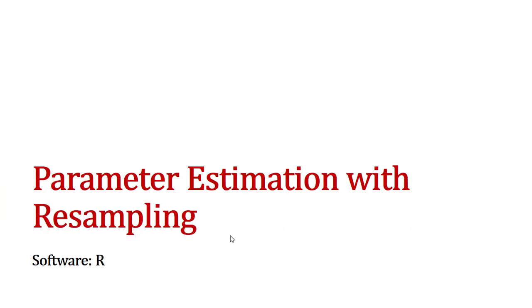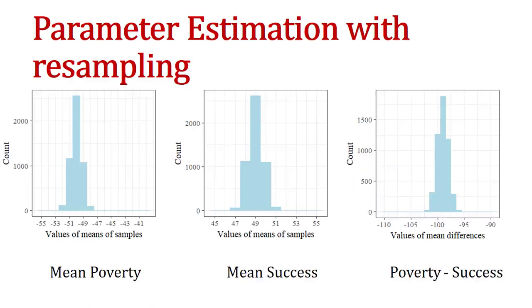The final part of this video is parameter estimation with resampling. What we do is, from the 100 values of poverty, 100 values of success, 100 values of cooking, 100 values of gardening, we resample.